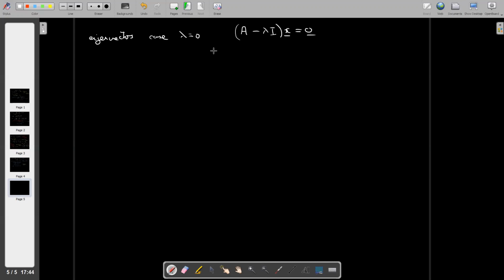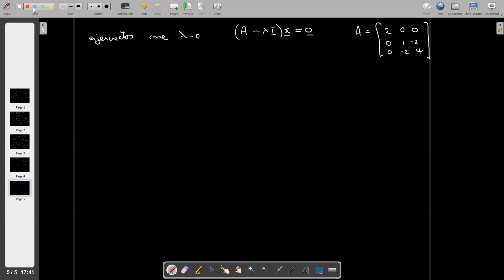So A minus lambda I, well, let's just remind myself what the A is, so I've got a reference. So A is equal to 2, 0, 0, 0, 1, negative 2, 0, negative 2, 4.